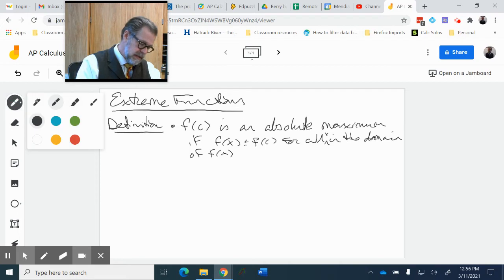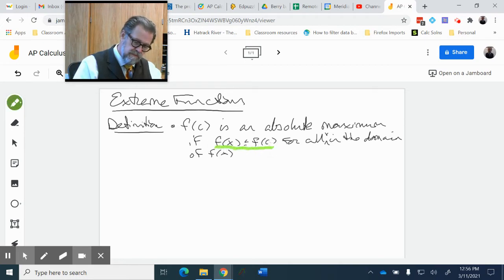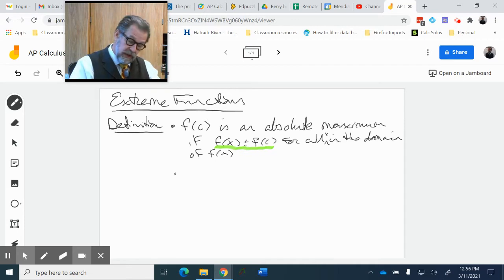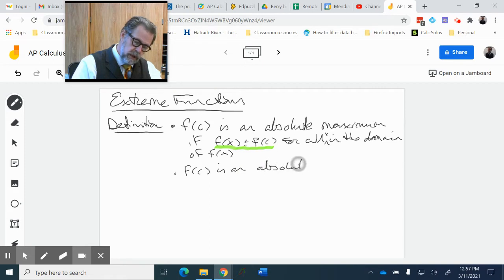Seems pretty self-evident, but look at all the values of the function, and if they're all less than that one, then that one must be the maximum, less than or equal to. All right. f of c is an absolute minimum. Sure, you can see where this is going.